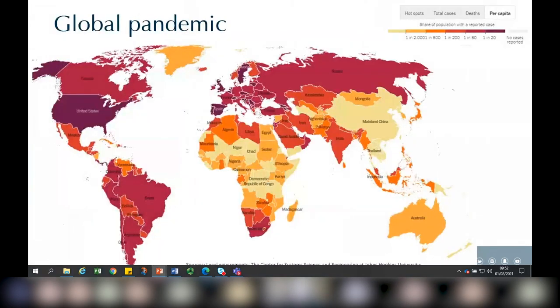Okay, so let's have a little look at this. This is a map showing the global number of cases. The dark purple are the real hot spots. You can see the UK, Spain, Portugal, Sweden, a few pockets in Switzerland just above Italy there, Germany, some real hotspots, and the US.